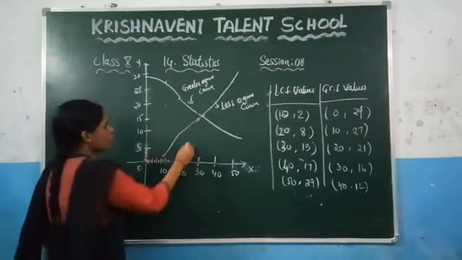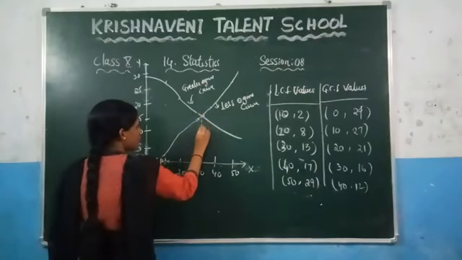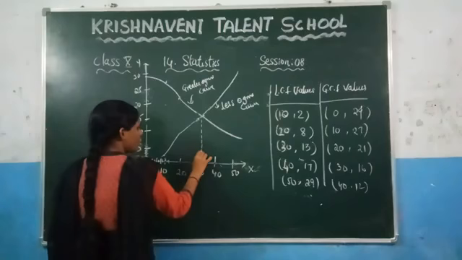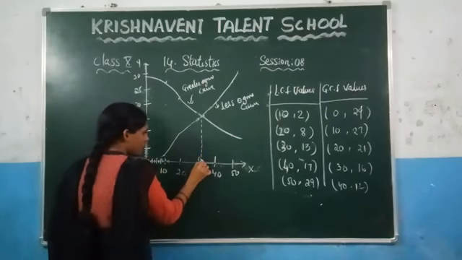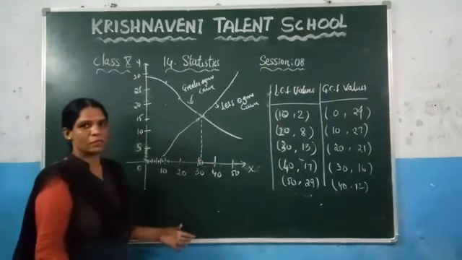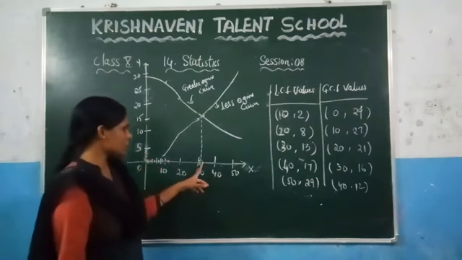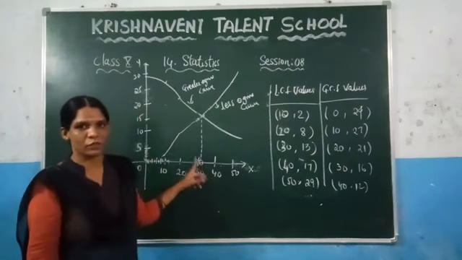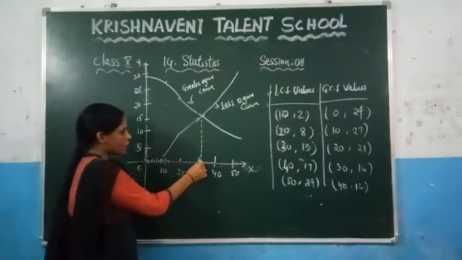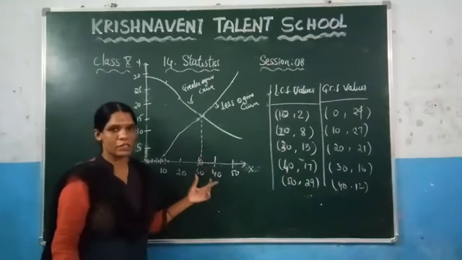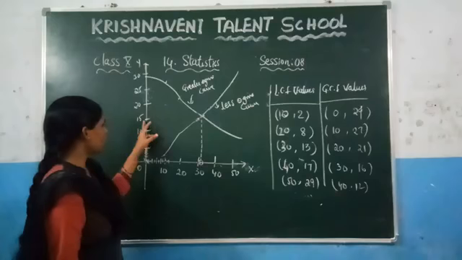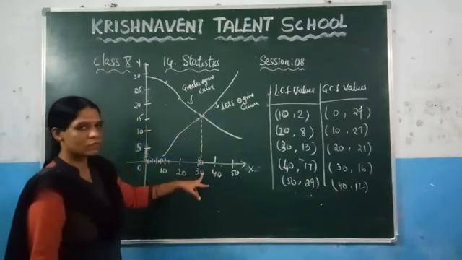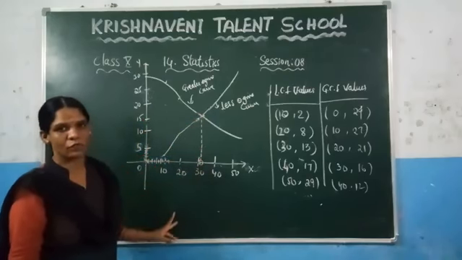At that point, draw a line parallel to the y-axis. Where it touches, that should be the value of the median. Before also we solved the same thing. If you remember, while calculating with the less cumulative frequency graph, we drew lines parallel to this one and this one. We got the same point, which is the value of the median.